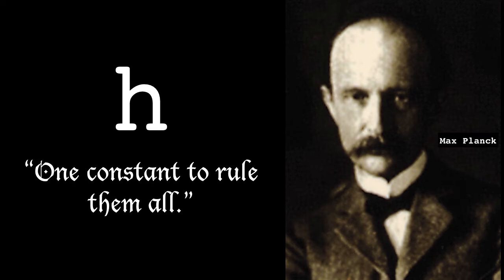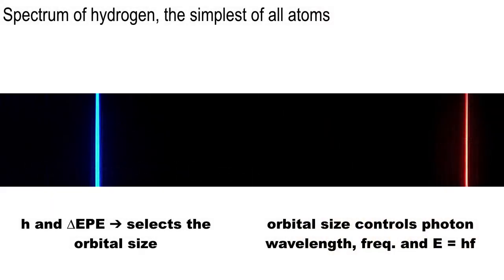It's everywhere. So here's a synopsis. Spectrum of hydrogen, the simplest of all the atoms. h and delta E select the orbital size. Orbital size controls photon wavelength, frequency, and E equals hf, all those things that we can measure in the lab. Now, we're going to do some calculations.